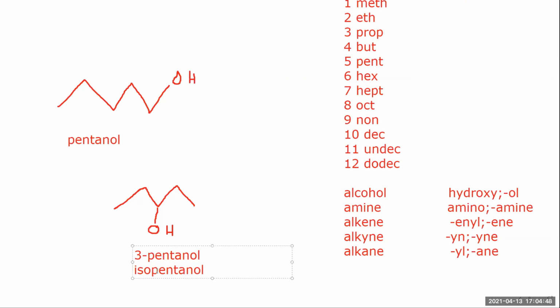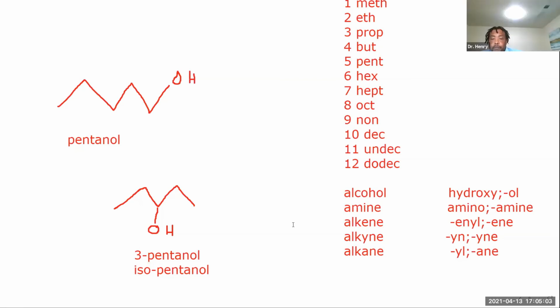In this case, if it was not in the middle, if it was a hexanol and it was on 3, would you count from the left, to get to the lowest number? Yep, you count from that direction. 1, 2, 3, 4, 5. 1, 2, 3, 4, 5, 6.